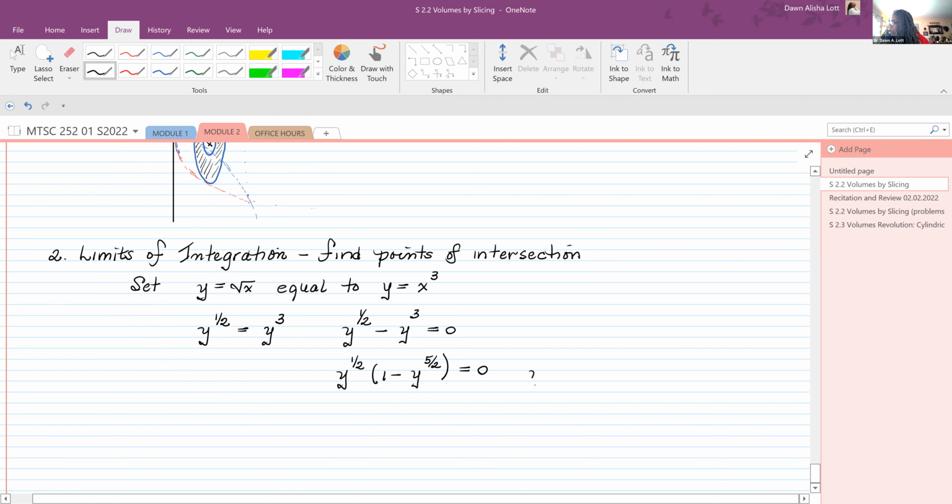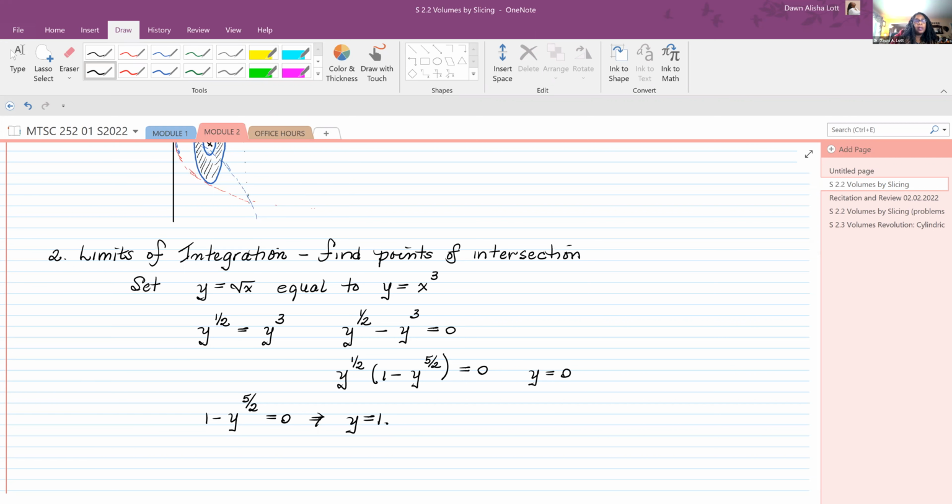So that tells me y is 0, or 1 minus y to the 5/2 is 0, but that implies y is equal to 1. So y is equal to 1.